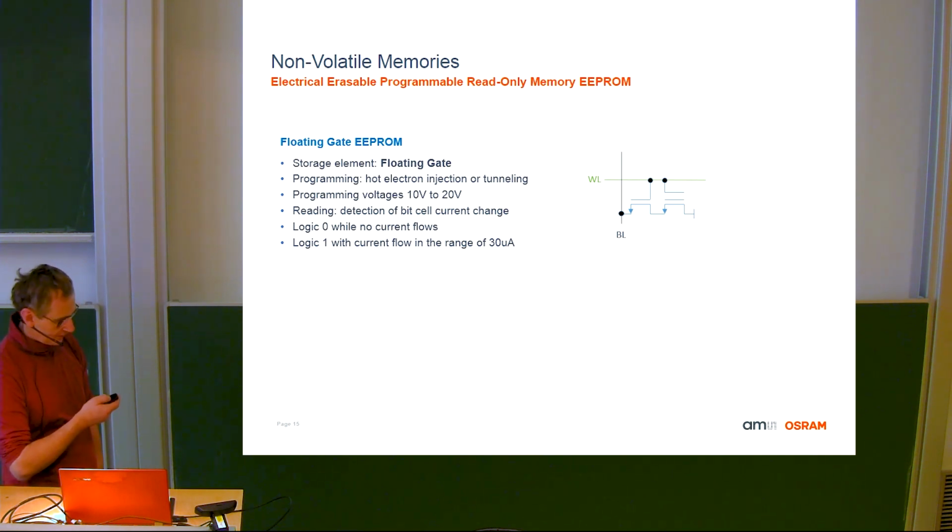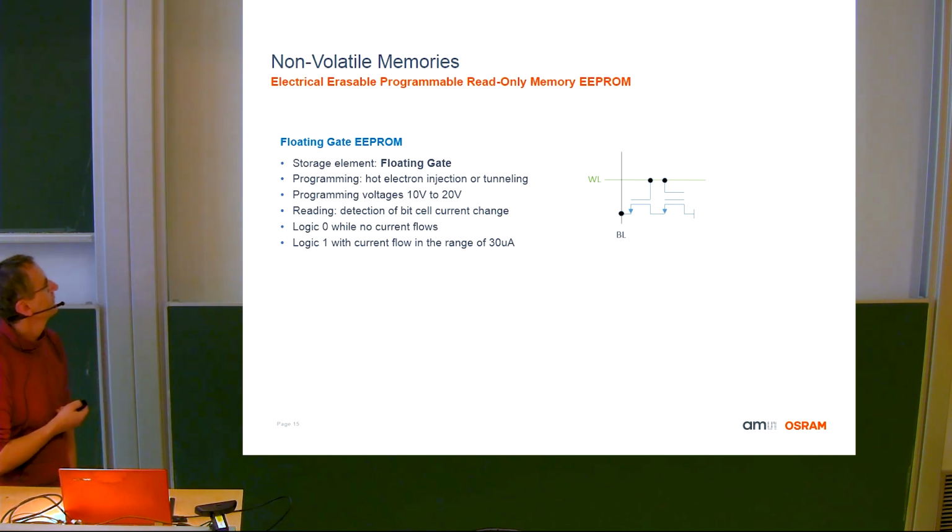Coming to the more sophisticated approaches, like an EEPROM, if you want to go with such an EEPROM, you have to introduce a double poly system. This is really a change in the process steps. Typically you have one poly, a transistor which you can switch on and off, and then you build in a second poly and use the first poly not to connect it. So what you see here is really an unconnected terminal.